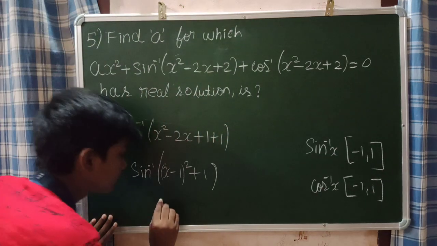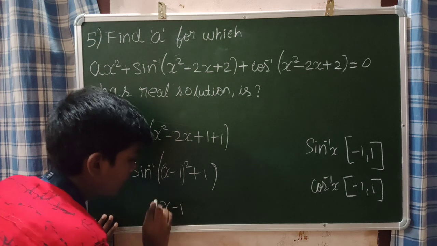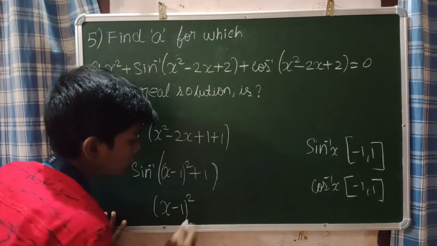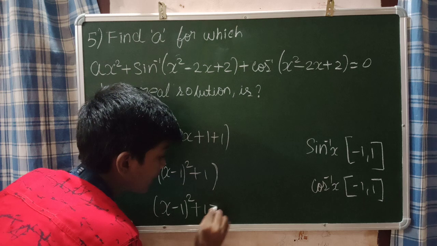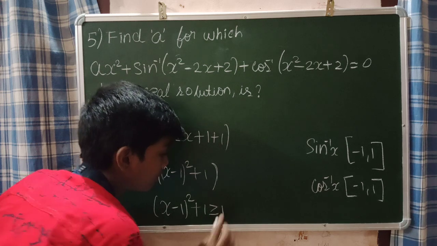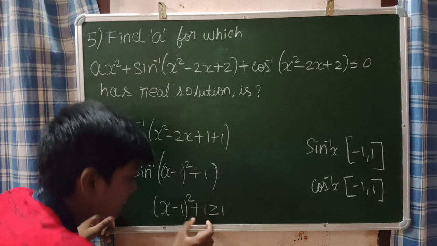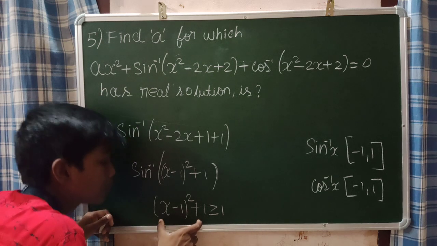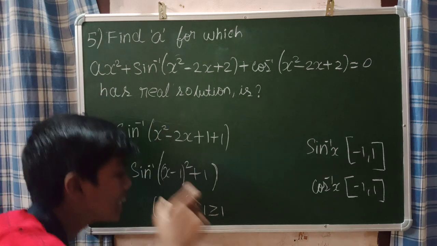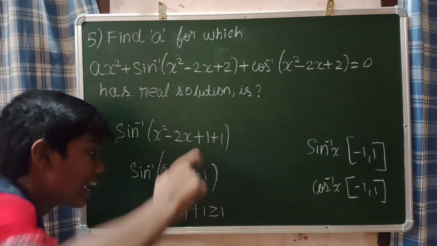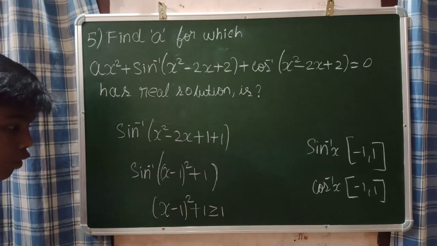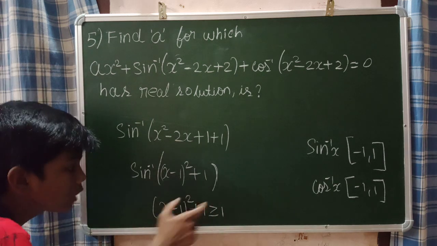But we know that x minus 1 whole square plus 1 should be greater than or equal to 1. How? That's because there's a plus 1, right? And also we have a square, x minus 1 whole square.